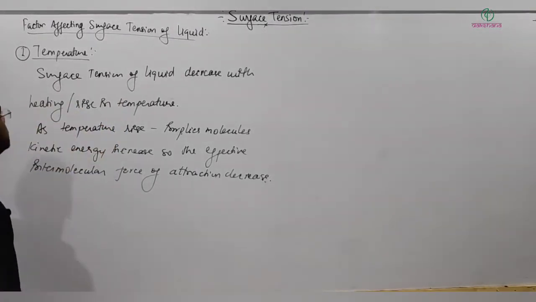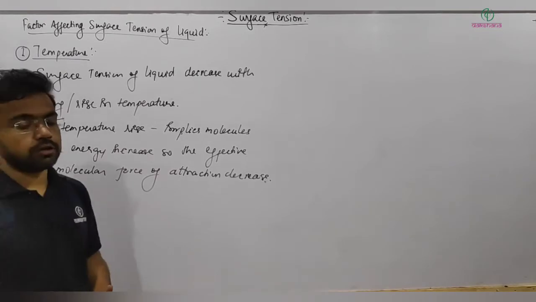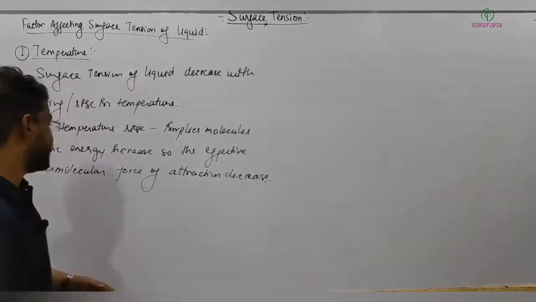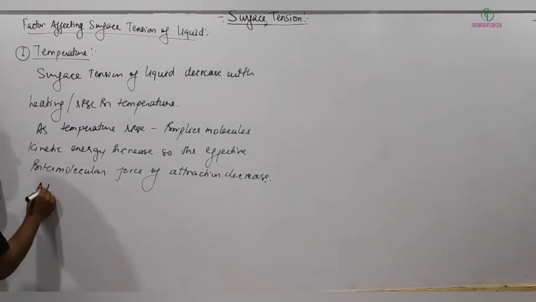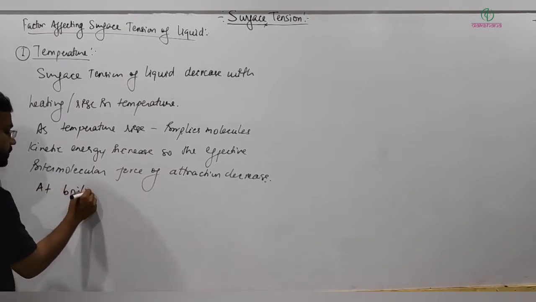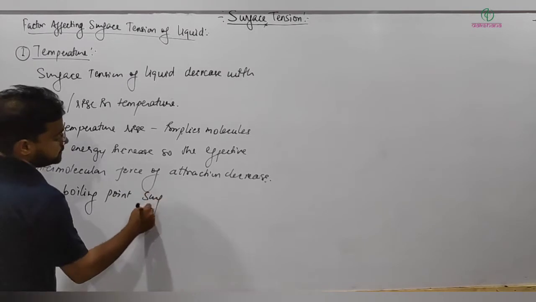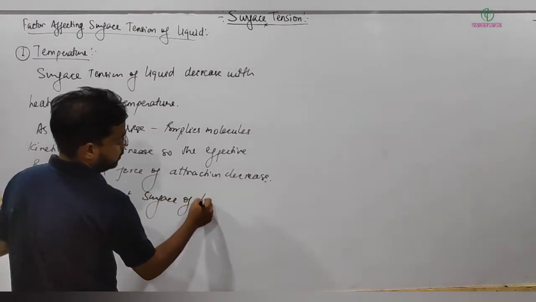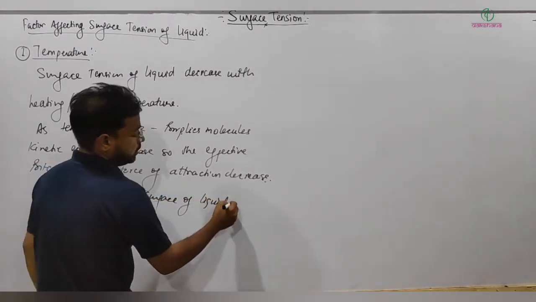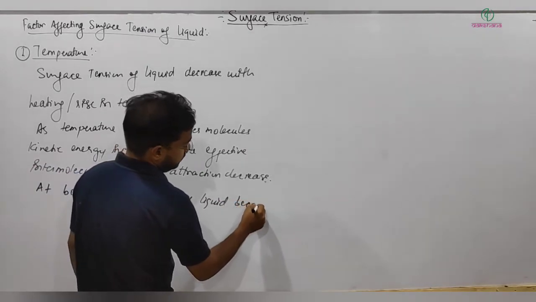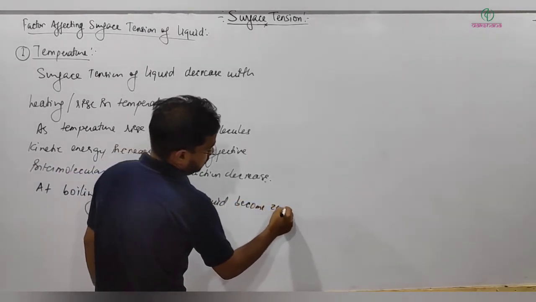So that's why we can say the surface tension of a liquid decreases, and at the boiling point the surface tension of the liquid becomes 0.